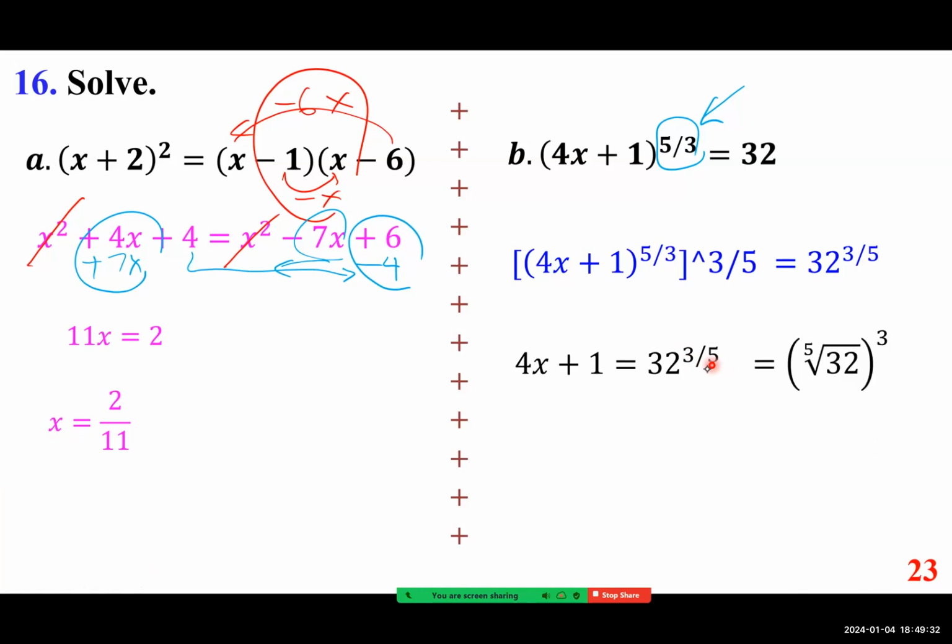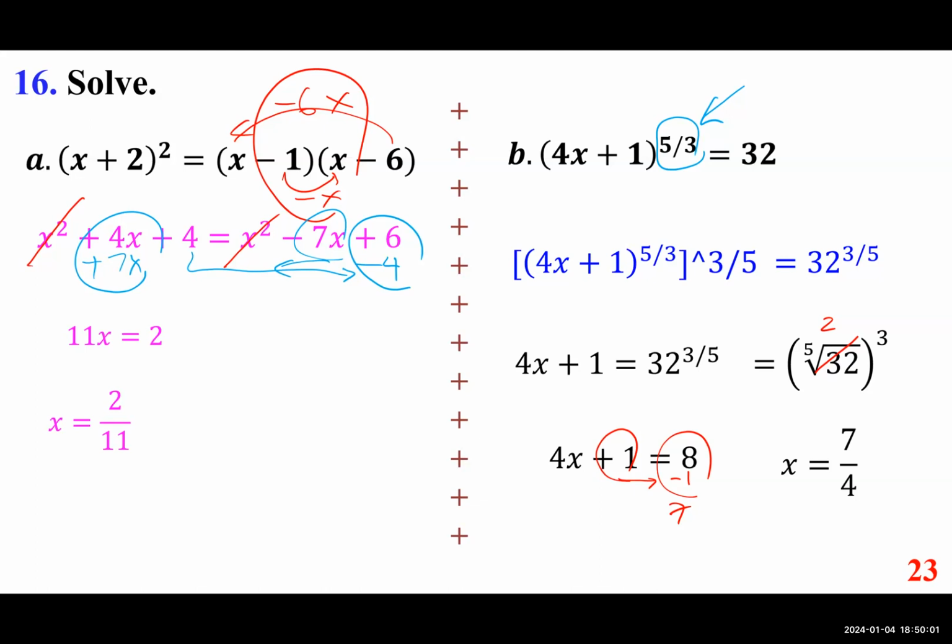So we write it as a root because we know the fifth root of 32 is 2. 2 cubed is 8. Subtract it and you get 7. 4x is 7. X must be 7/4. And of course, as always, any equality you can check.